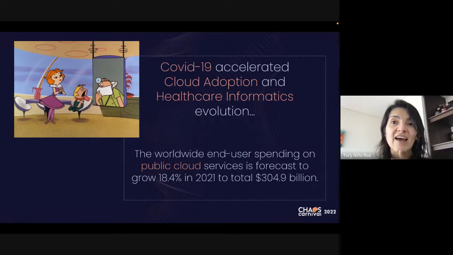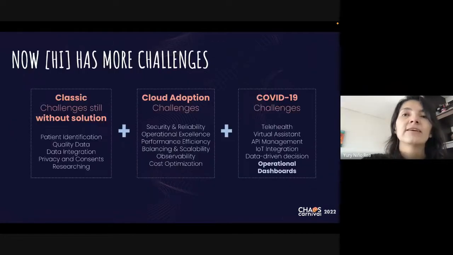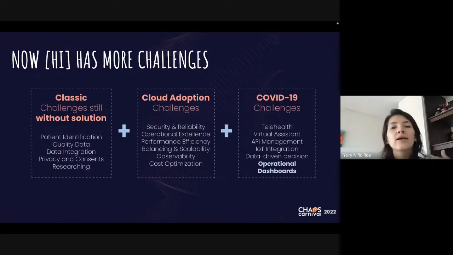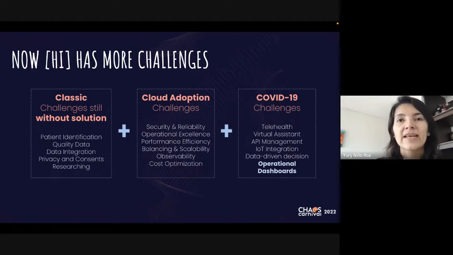According to Gartner, after the COVID-19 crisis, the worldwide end user spending on public cloud services is forecast to grow 18.4% in 2021 to total 304.9 billion. Those numbers were published by Gartner.